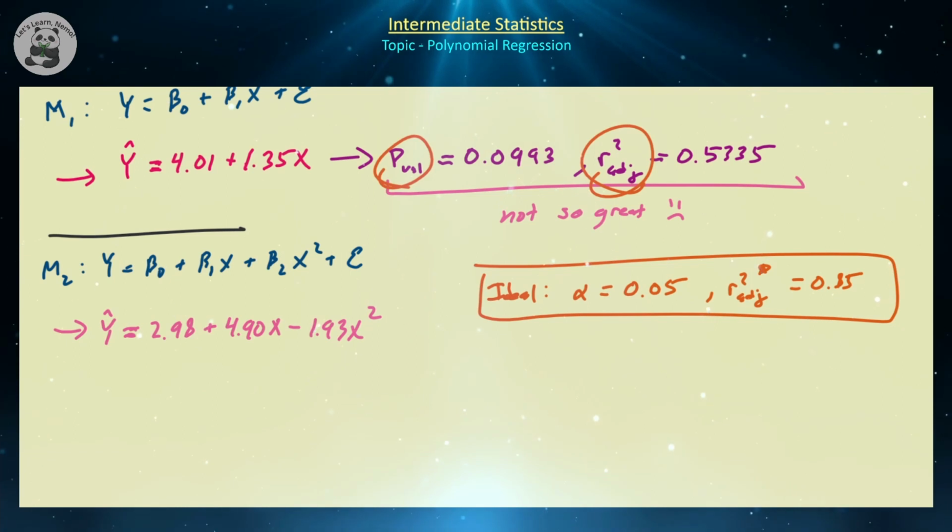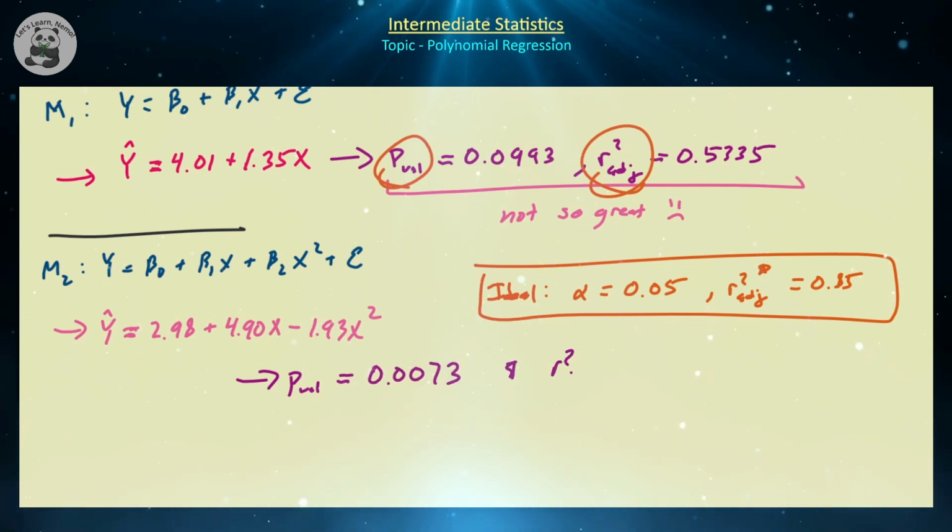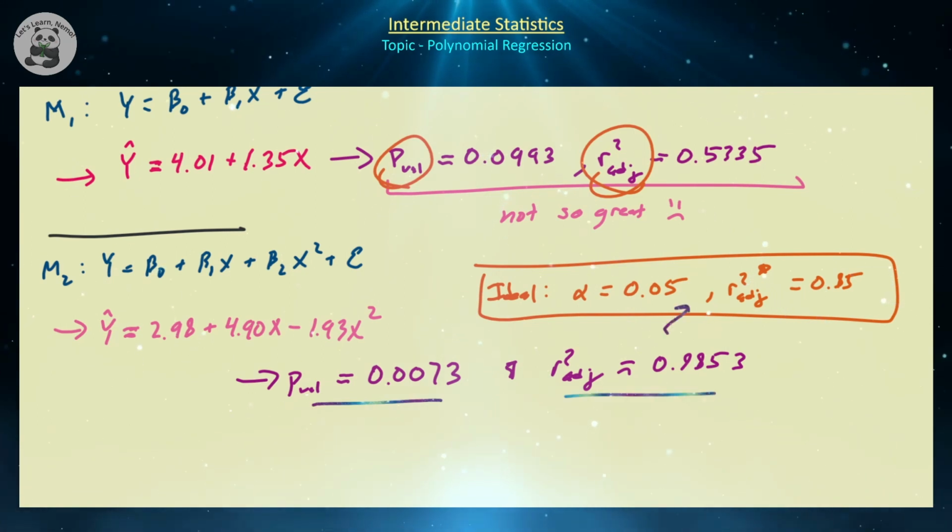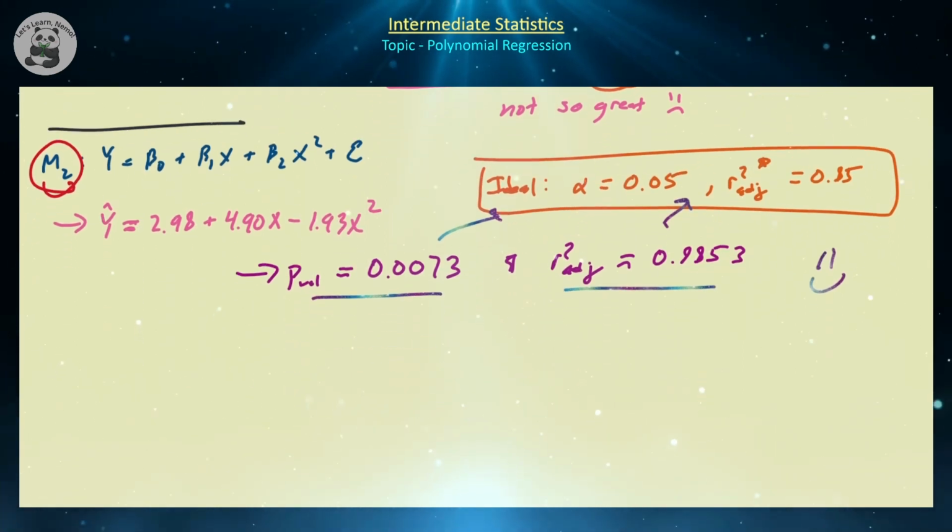And then we can get our model assessment parameters, in particular our p-value, one can find is approximately equal to 0.0073, and the associated r squared adjusted value is approximately 0.9853. Notice that both of our ideal criteria are met, therefore we should be very satisfied when we see that. Therefore, you should stop increasing the order and say that M2 appears to be a better fit for our model.